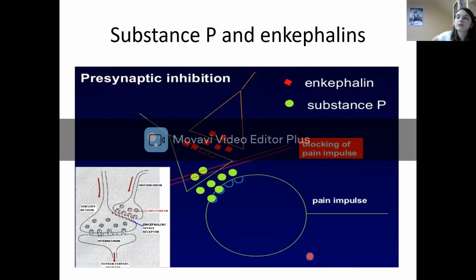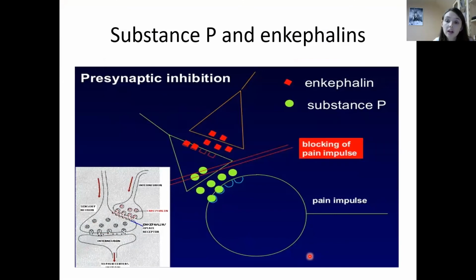Now let us go to other neurotransmitters like substance P and enkephalins. These two types of synapses are part of the pain system: the nociceptive system and the antinociceptive system.